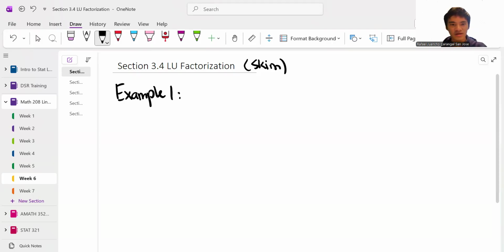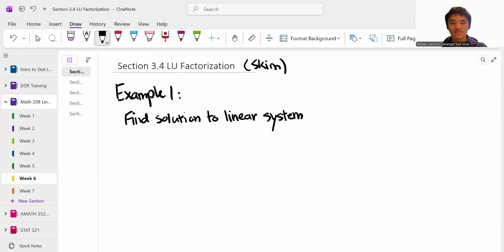We want to find the solution to a linear system. We already know how to solve a linear system using elimination, substitution, and also Gaussian elimination.